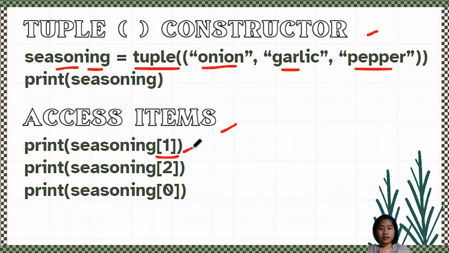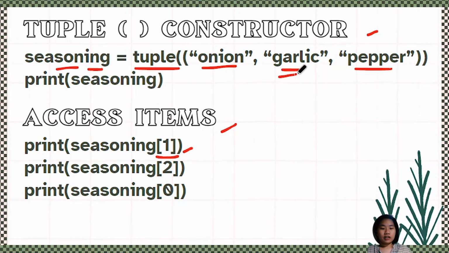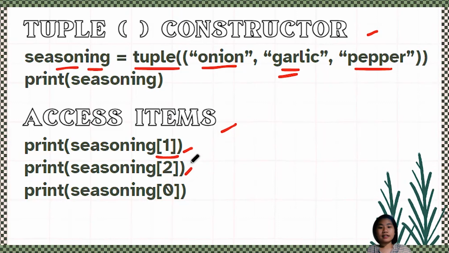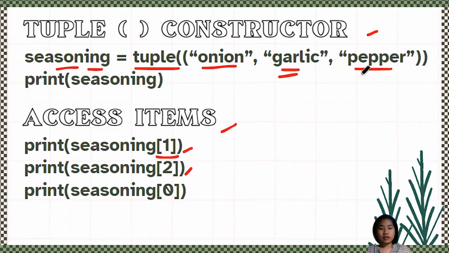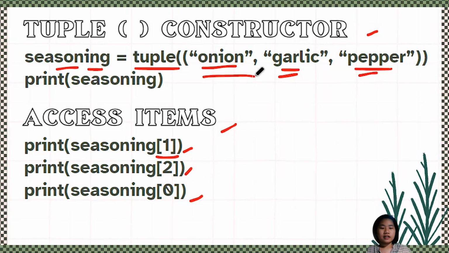Okay, seasoning 1. What do you think the seasoning 1 value would be? It would be garlic, right? And what about seasoning at index 2? It would be pepper, okay? What about index 0? Index 0 should always be the first one, therefore it is onion.